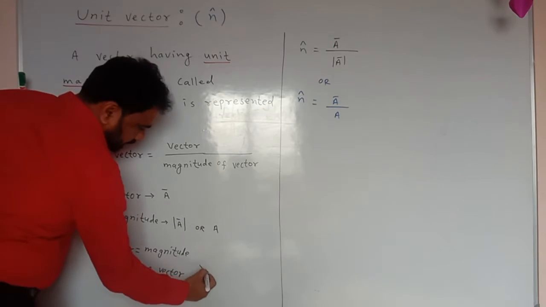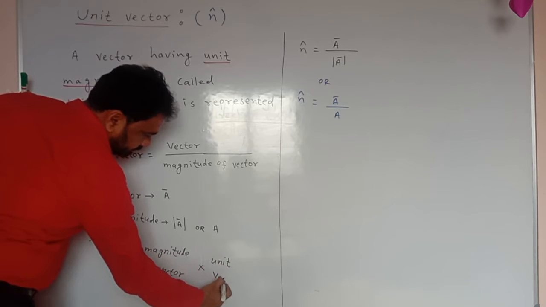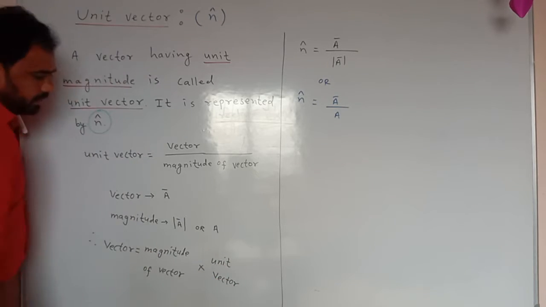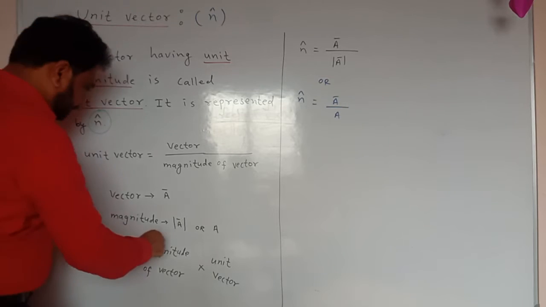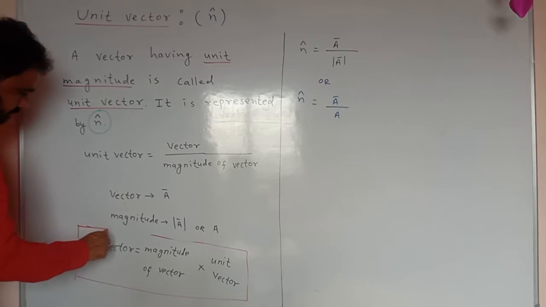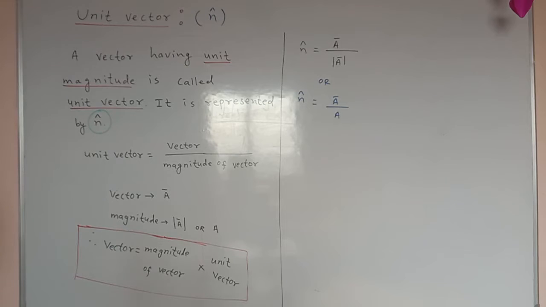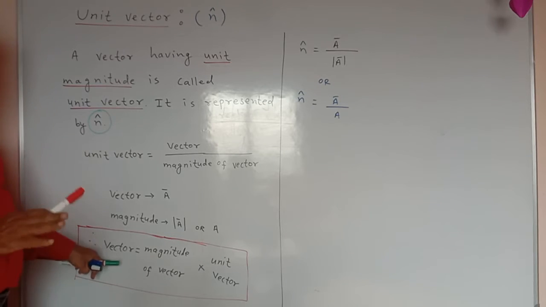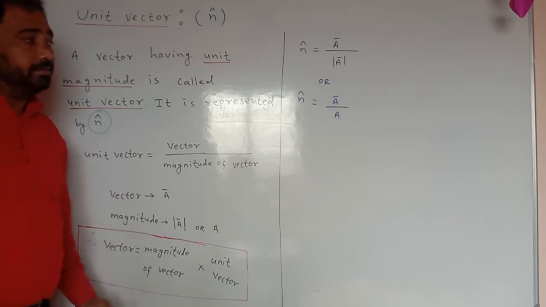This is the important formula to find the vector. So vector means its magnitude multiplied by unit vector.